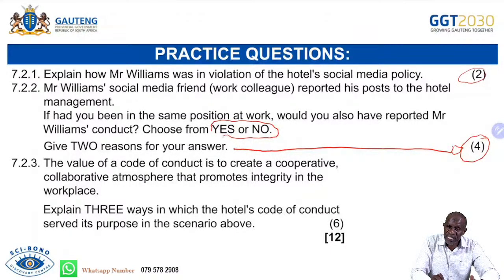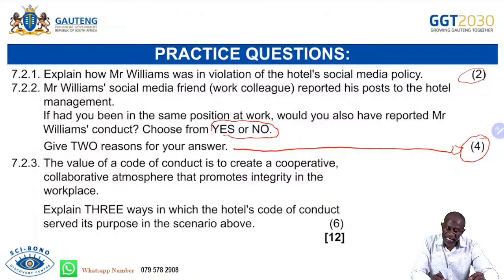So you cannot just say yes and expect to get 2 marks. Unfortunately, there is no mark allocated for yes or no. But it is required of you to make a choice, because the instruction says choose.